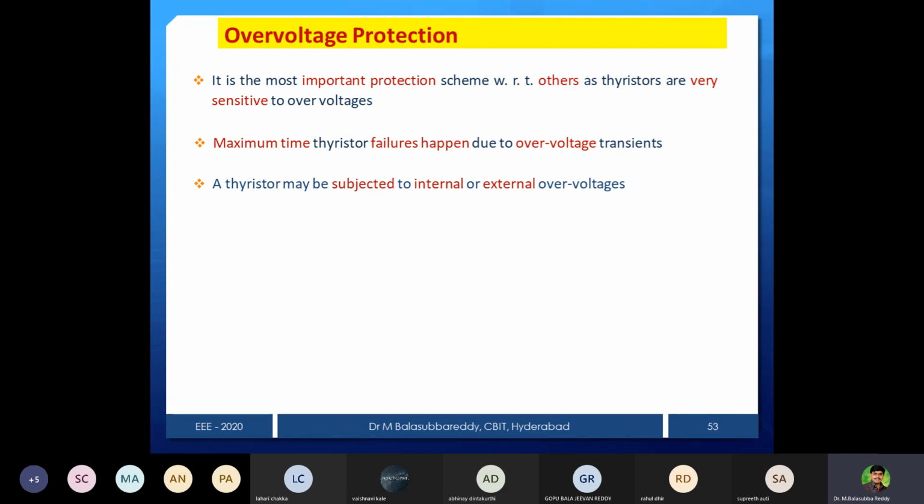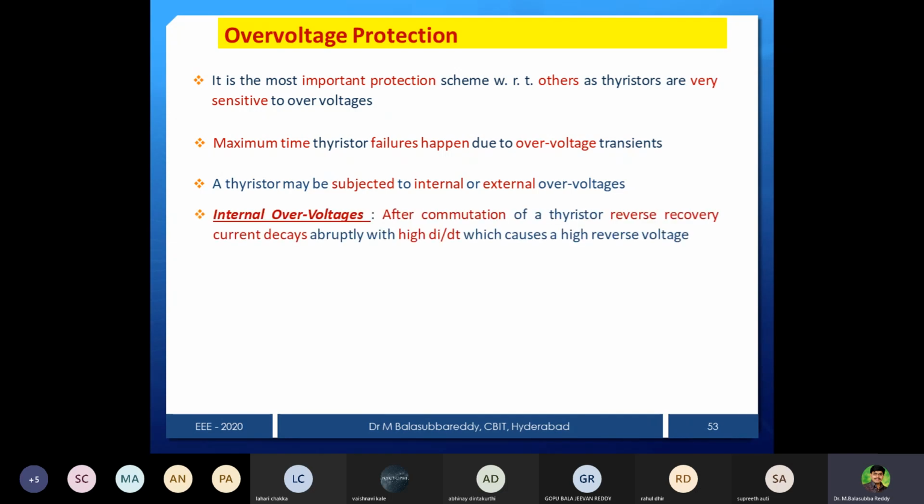First we can see the internal over voltage after commutation of a thyristor. What is commutation? The turn off process we call commutation. That means once the device is completely turned off, we call it commutation.